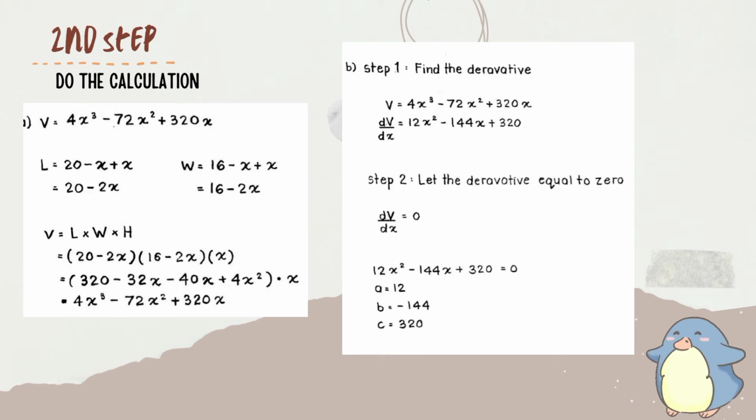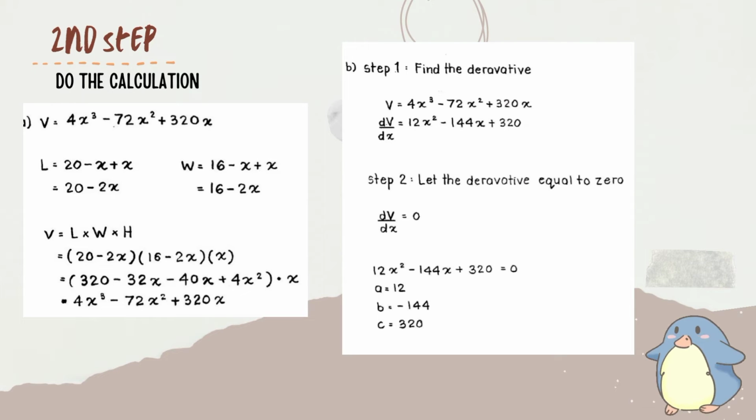First, we will find the equation of length L and width W, and then using the formula for volume, which is length multiplied by width multiplied by height, it will be (20 minus 2x) multiplied by (16 minus 2x) multiplied by x. When we solve this volume equation, we can see that the final answer is the same as the given answer, 4x cubed minus 72x squared plus 320x.